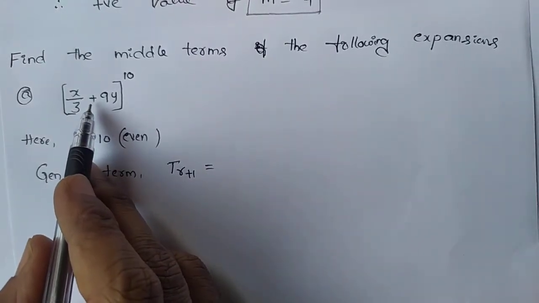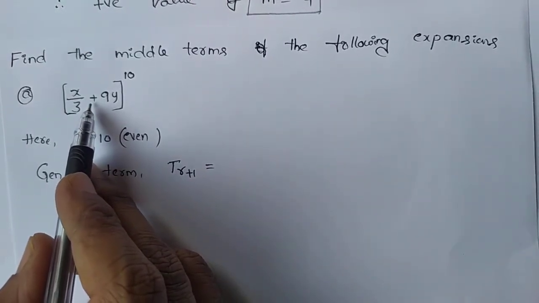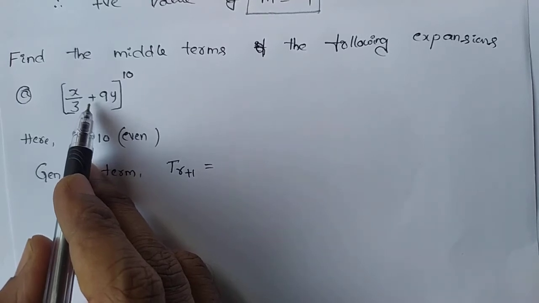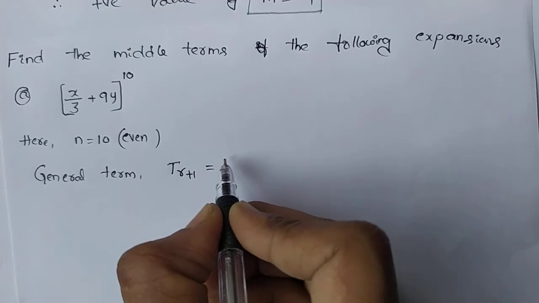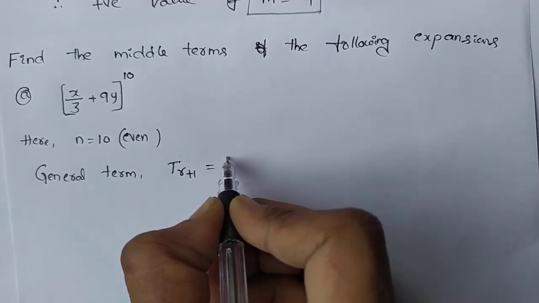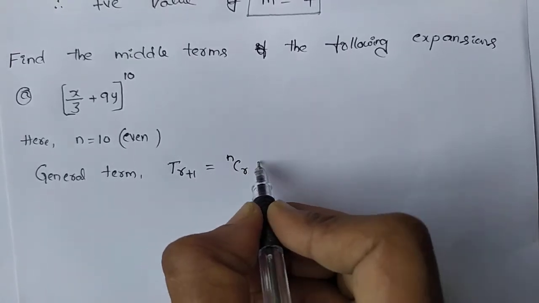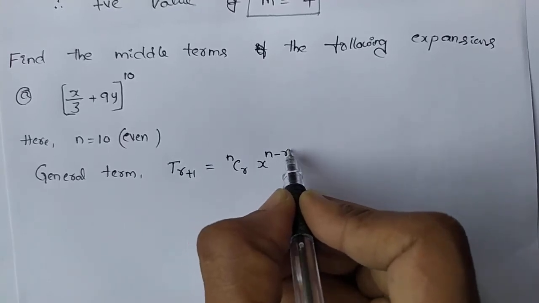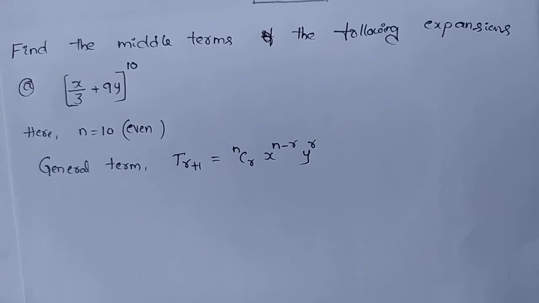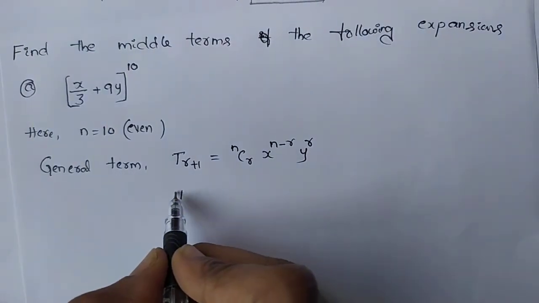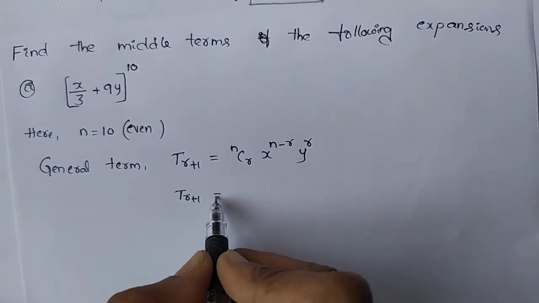If there is plus, there will be no minus 1 whole power n. Then the general term is n C r x power n minus r into y power r.